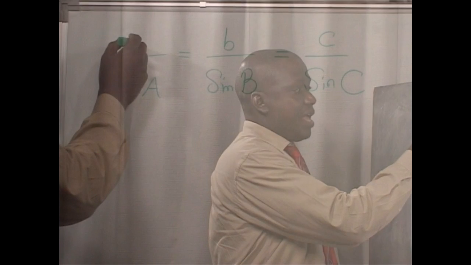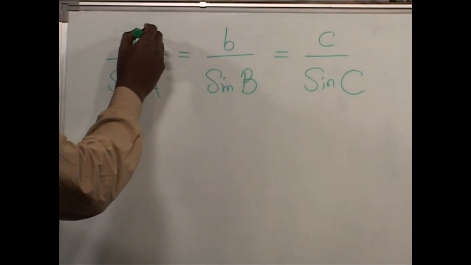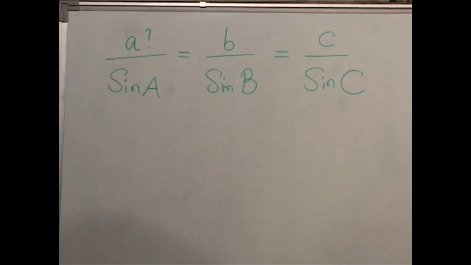So in this case, a is the side which we don't know, and in fact that is the one we have been asked to find.